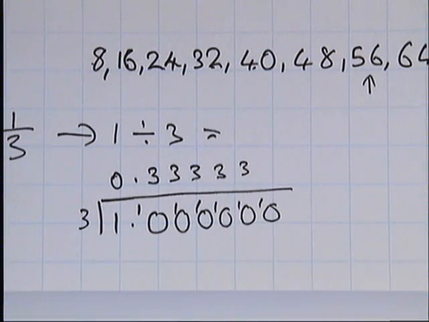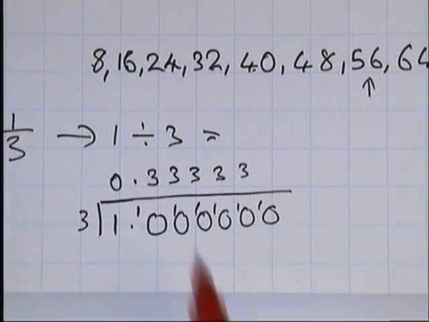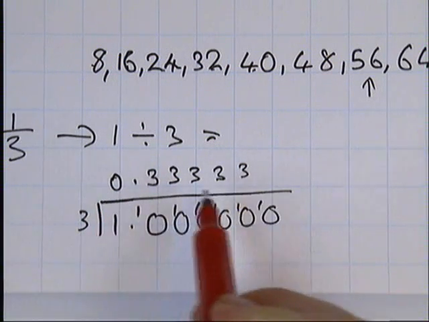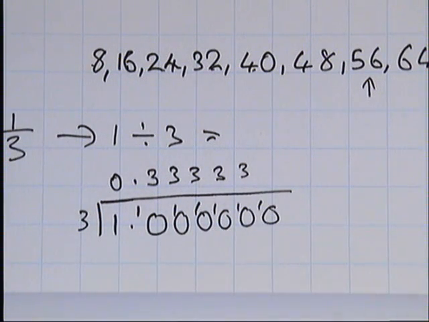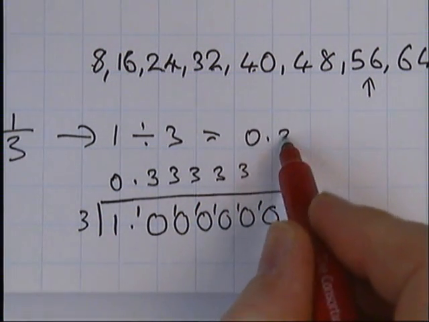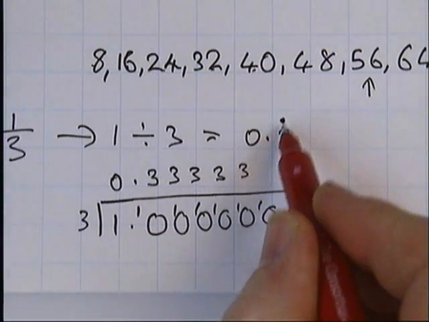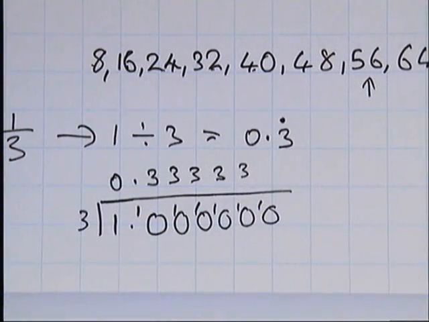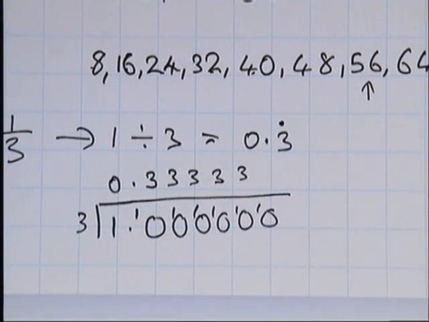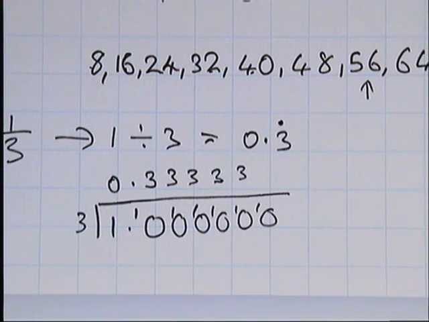And this is an example of something called a recurring decimal. You can see that this pattern will continue forever. So rather than actually having to write that out, we can write it as 0.3 with a dot above the number that recurs. So that's 0.3 recurring. So that means 0.333333 forever. That would never stop.